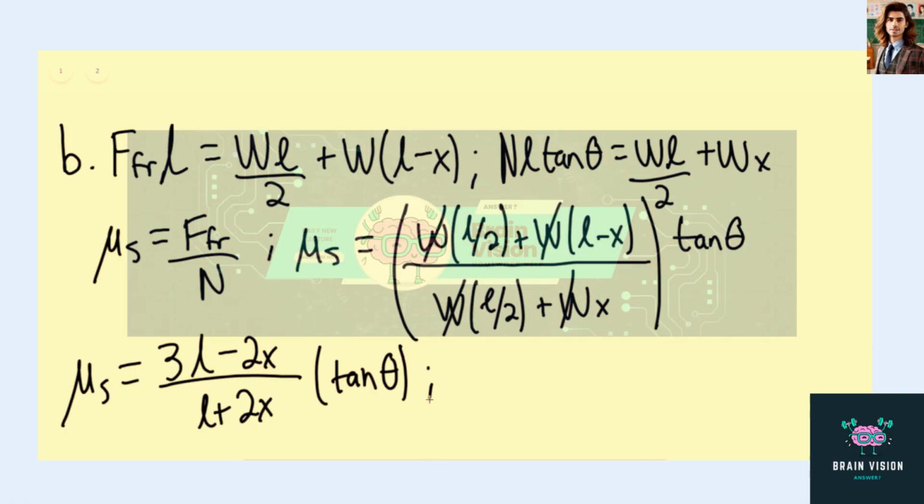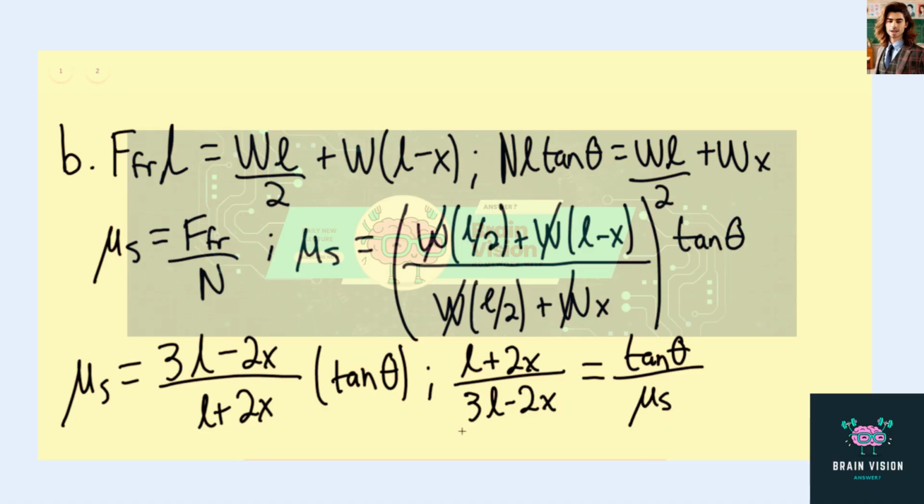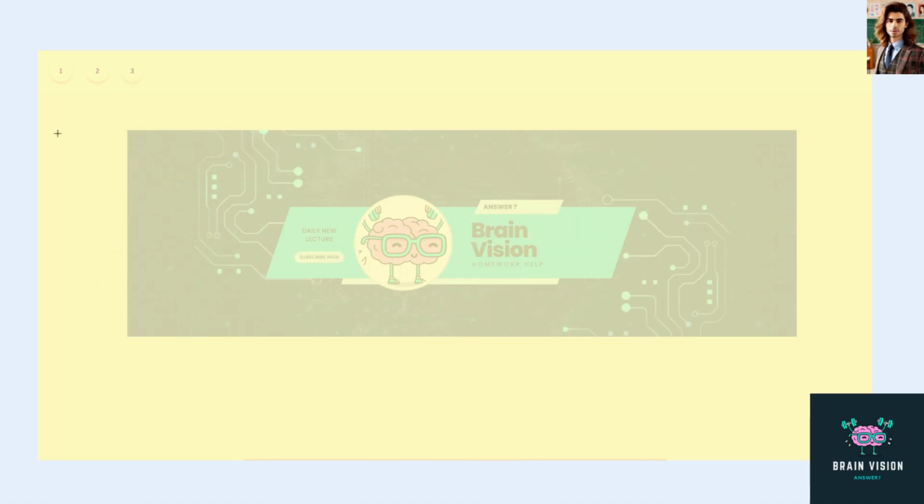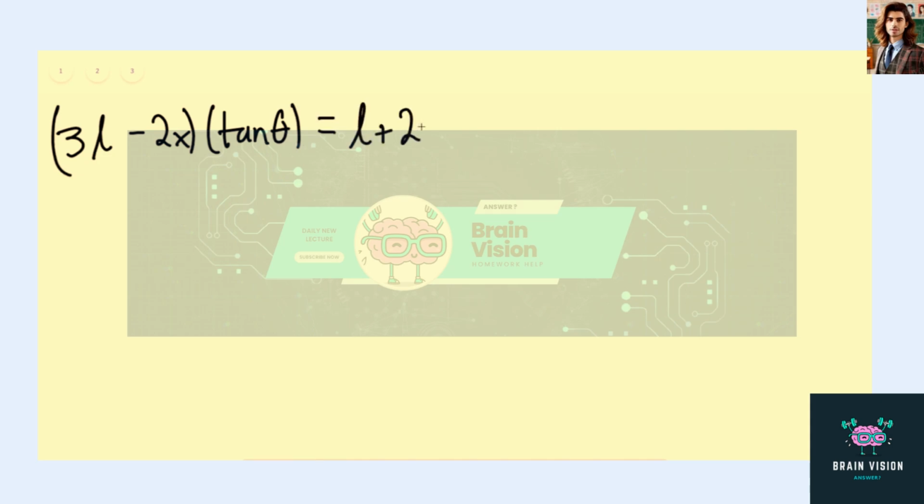And we can say that L plus 2x divided by 3L minus 2x will be equal to tangent of theta divided by the coefficient of static friction. We can say rather that 3L minus 2x times the tangent of theta would be equal to L plus 2x times the coefficient of static friction.